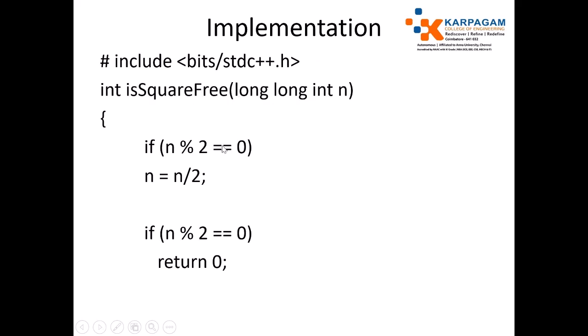If it is an even number, you divide it and get the remainder. If it is equal to 0, first divide it, and again try to get a remainder. If it is 0, immediately you can say that 2 appears more than one time as a prime factor, so just return 0.